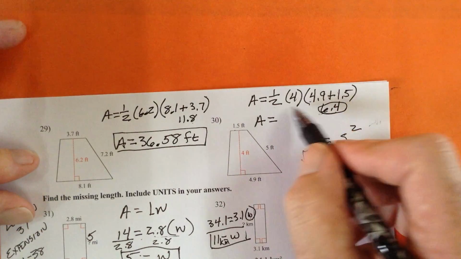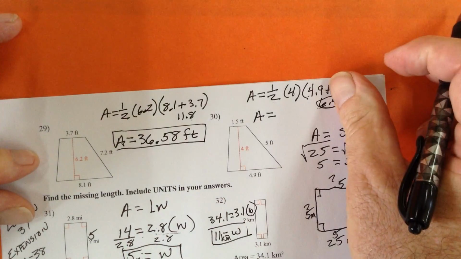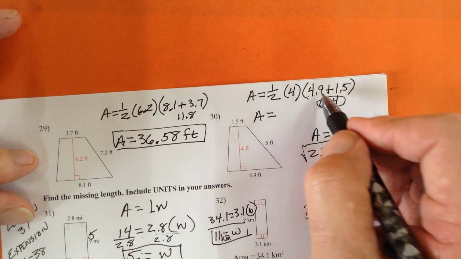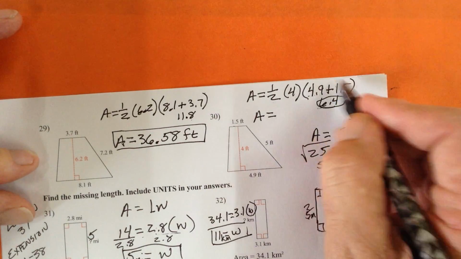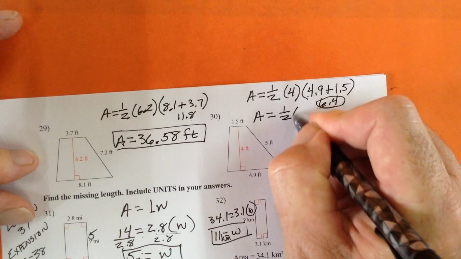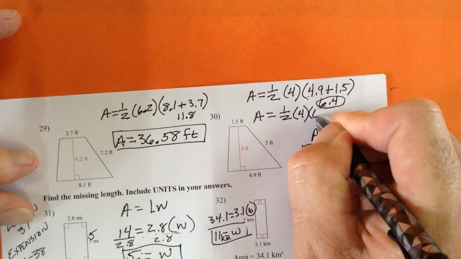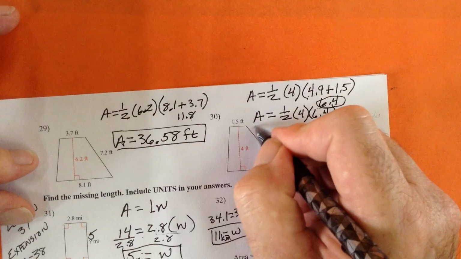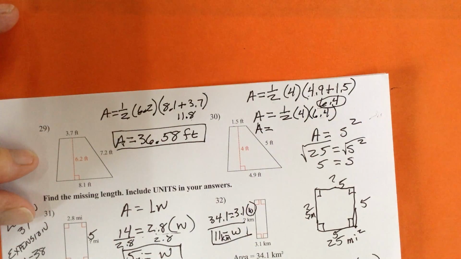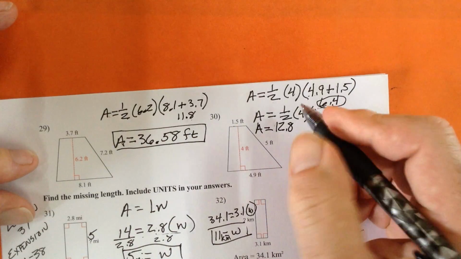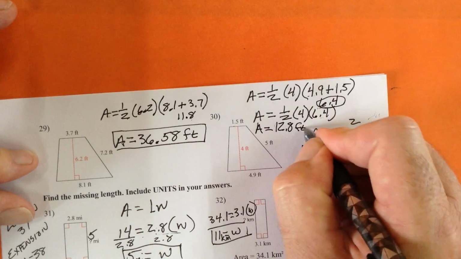A big mistake is they'll see that 4.9 and do 4 times 4.9. You have to remember to add these and use this number. That's why a lot of professors will rewrite it, so you see this is added, then you multiply. Anyway, the answer I got was 12.8 feet squared.